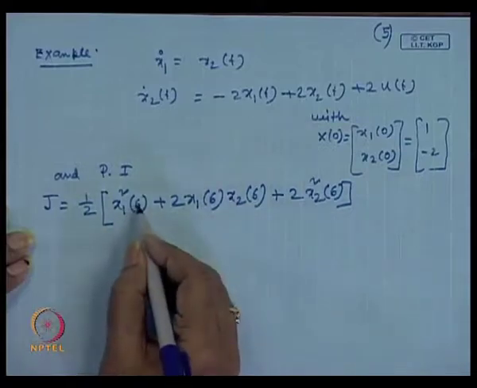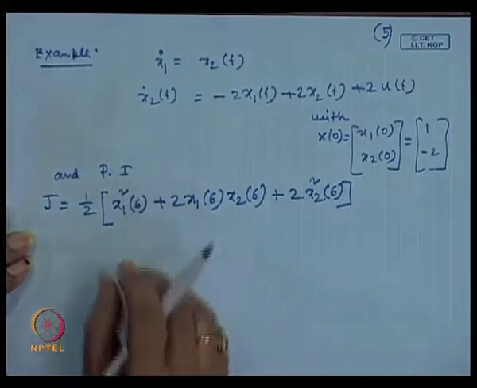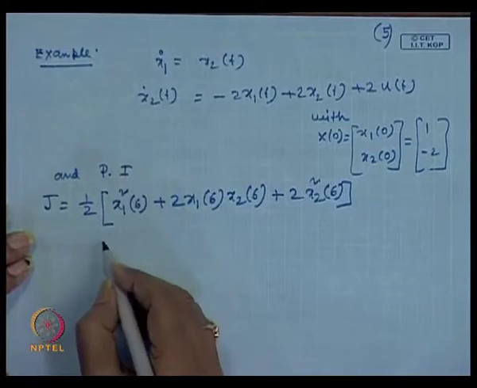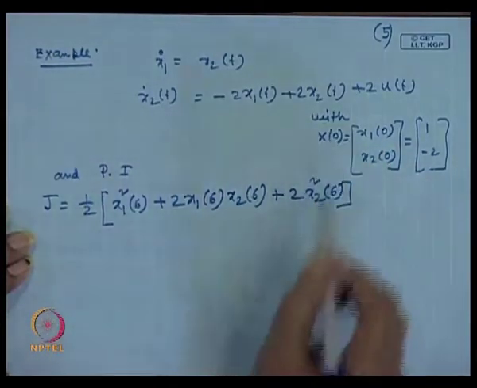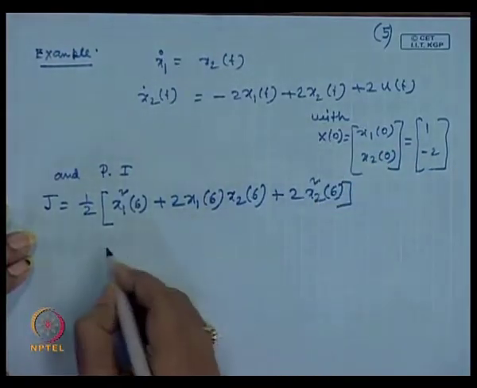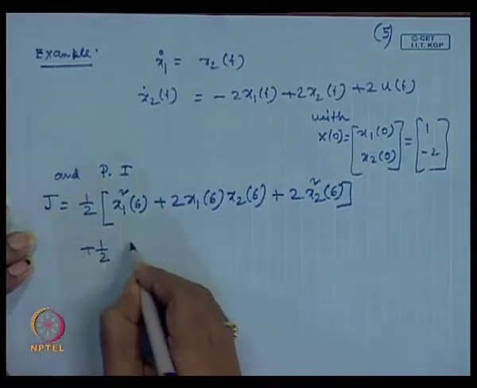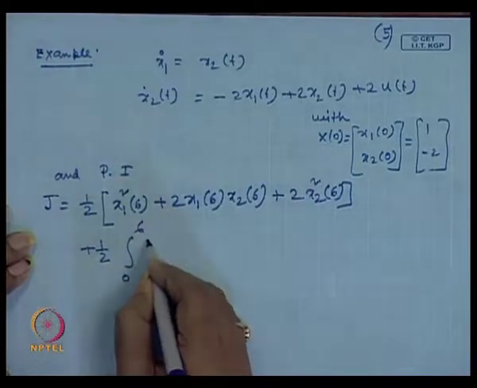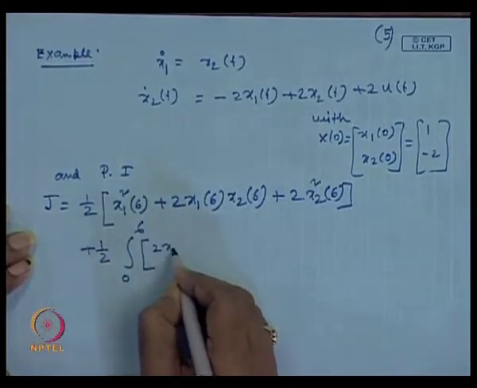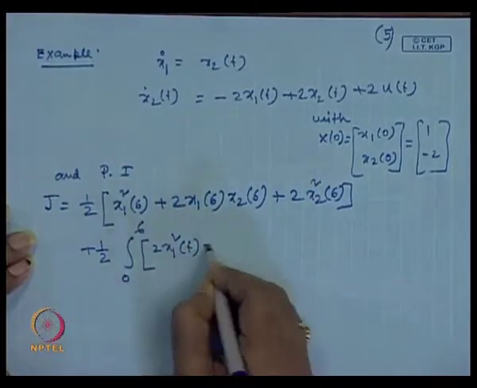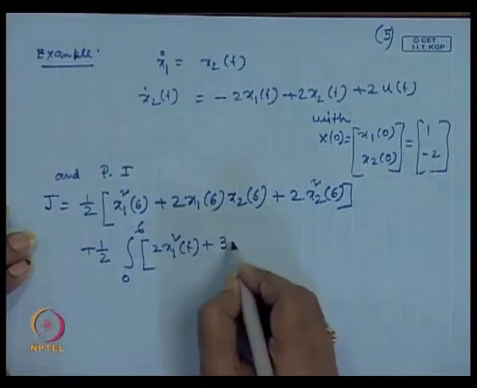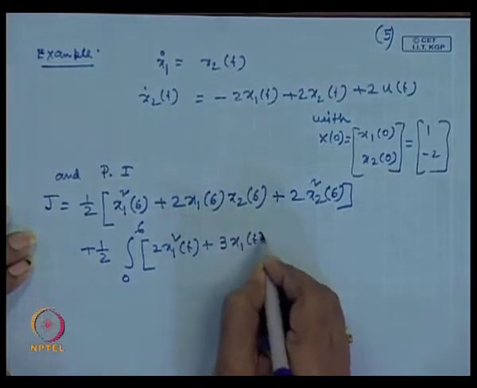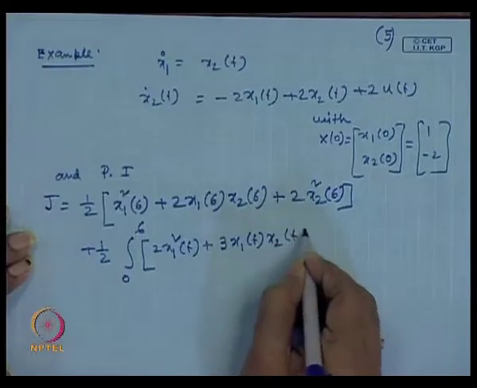The 6 indicates time t equal to 6, the terminal time, and the initial time is t equal to 0, the given condition, plus half integration 0 to 6, then twice x 1 square of t plus 3 x 1 of t into x 2 of t.